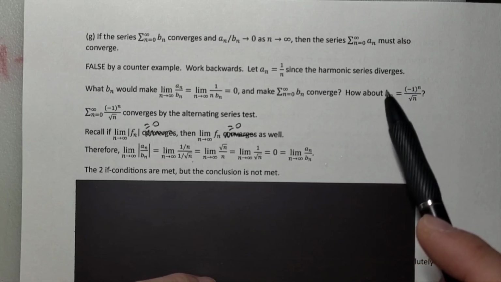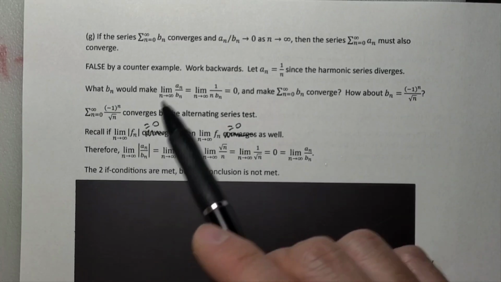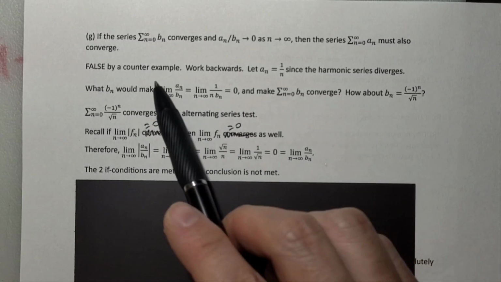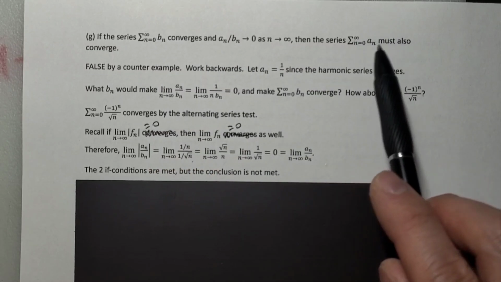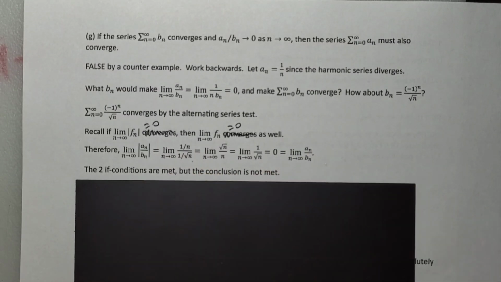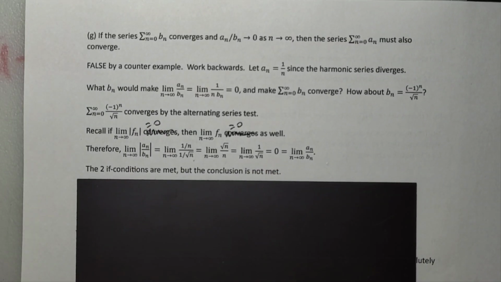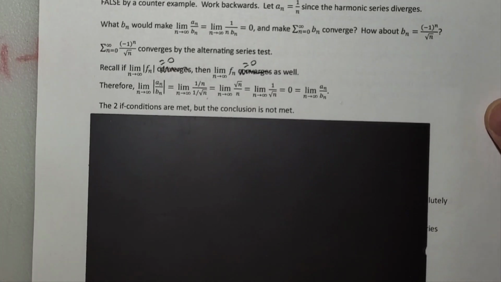So I chose this one because we know this converges by the alternating series test. And then if we go through the motions of finding the limit, it was actually 0. Okay, so we found that these two conditions were met with this choice and this choice, but this one was not met, or the conclusion was not correct, so it's false. Okay, so this one, probably easiest to think of a counterexample.